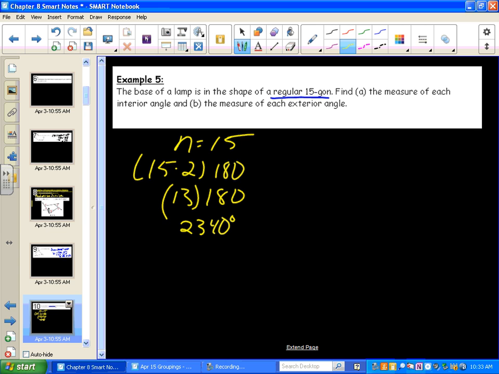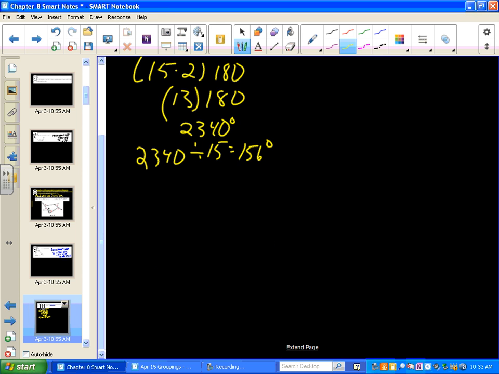The sum of all the angles added together. So now how do I get the measure of one of the interior angles? Keegan. Divided by 15. Very good, because there are 15 angles in it. So what is 2340 divided by 15? Danny. 156. So the interior angle is 156 degrees.